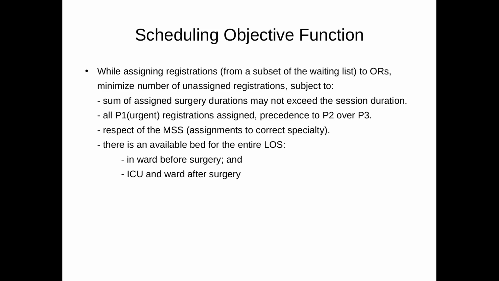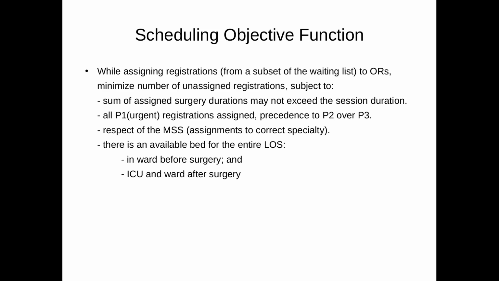Respect the master surgical schedule as provided by the hospital for a particular specialty assigned to a particular OR. So it should not be violated, for example, by assigning a specialty 1 patient to OR 4, because it's not allocated for that specialty per the master surgical schedule. And there must be an available bed for the entire length of stay in the ward, before surgery, and in ICU and ward after surgery.